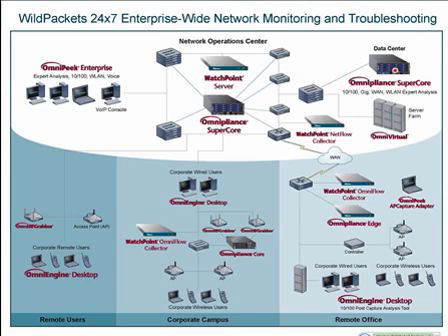Going out from the network operations center and the data center, you may have some remote offices, the corporate campus, also some remote users. And in each one of those cases, the types of technologies being used for networking may be a little bit different, and you would need to deploy things in a different manner. Starting on the left with the remote users, maybe most of those are wireless remote users. So you would want to be capturing data either from their desktops or over the wireless network using various technologies to capture the wireless part of the data.